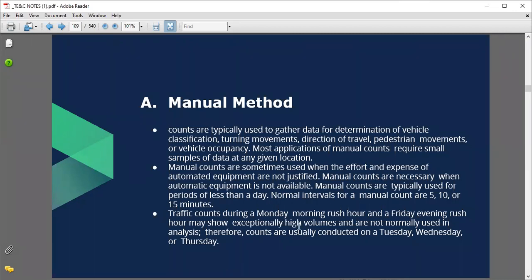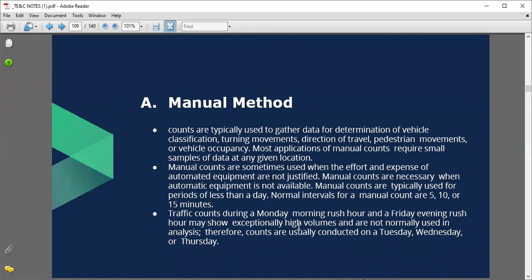Traffic counts during a Monday morning rush hour and a Friday evening rush hour may differ. You can consider one day. At the morning time the traffic is more, and at the evening time the traffic is also more, so we can count the vehicles at the morning and evening time.